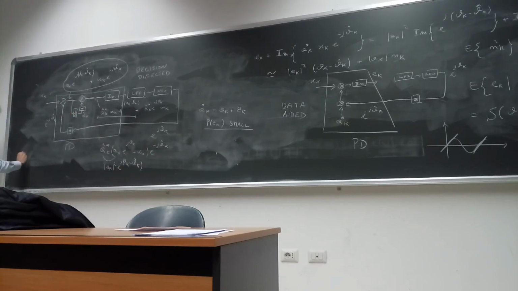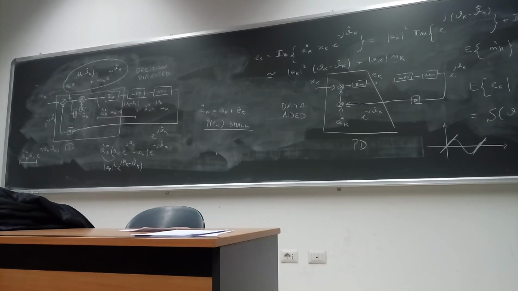And this phase affects the measurement of the phase error. You see, it becomes hat A star by A by the difference between theta and hat theta. So everything works if the phase of this term is 0.